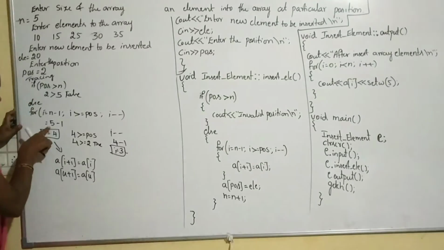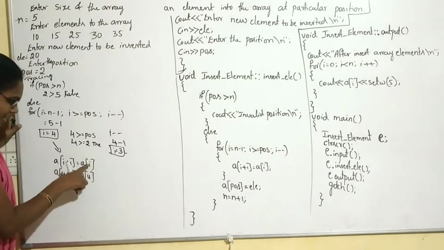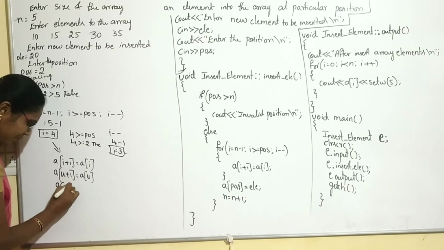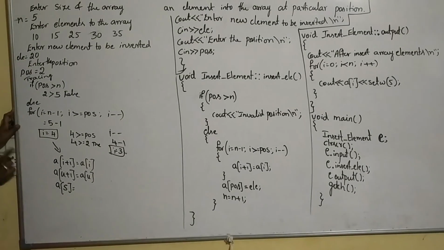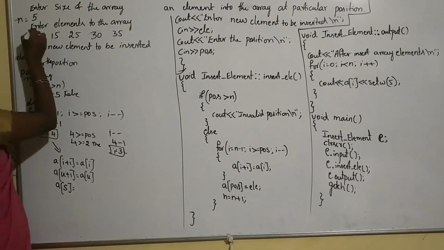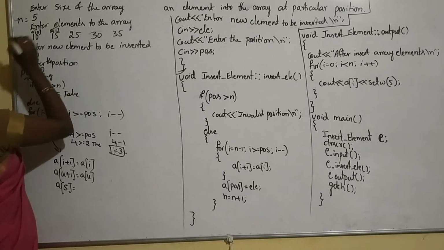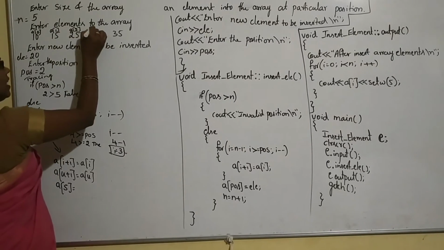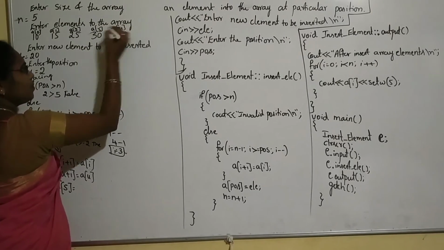Understood? The i value is 4, so i plus 1 becomes 4 plus 1, which is 5. And a[i] equals a[4]. So in the array, observe: a[4] contains which element? 10 is stored in the a[0] position, 15 in a[1], 25 in a[2], 30 in a[3], and 35 in a[4].